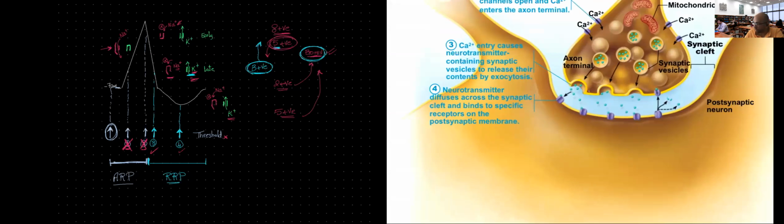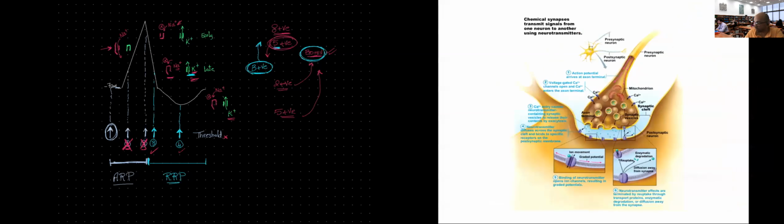The neurotransmitter, as you see on here, is going to be binding to its receptor on the receptor side of the postsynaptic neuron. Once it binds to its receptor, it will allow the opening of associated channels. So the receptor for the neurotransmitter is also going to be associated with an ion channel.